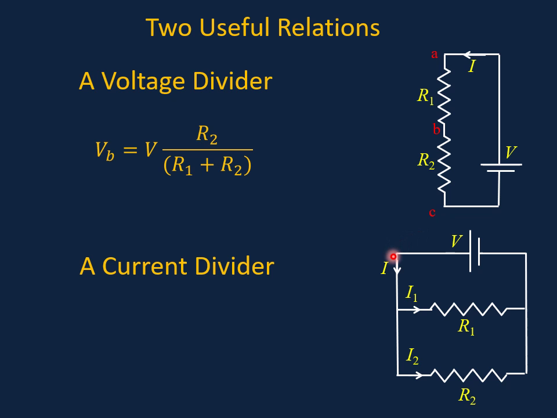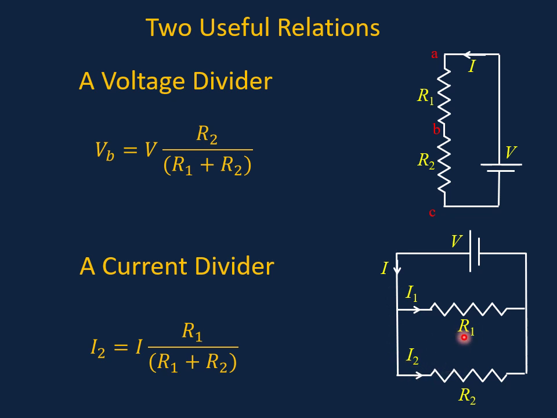In a similar manner, you can construct an equation for a current divider. So here I gets divided into I1 and I2, and you could write I2 as the total current I times R1 divided by R1 plus R2, because it's the other resistor which comes into play. So if this resistance is very large, then you can cancel R1 on both sides here, and your I2 will be equal to I. What that means is that if R1 is very large, the current would rather go through R2 than through R1.